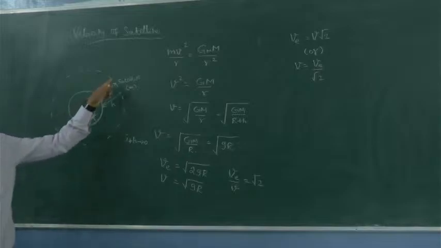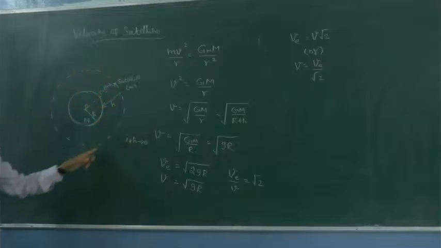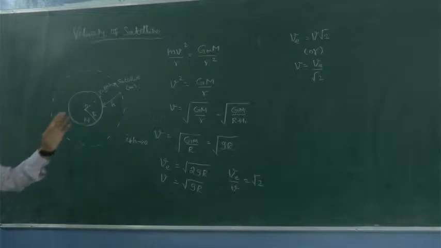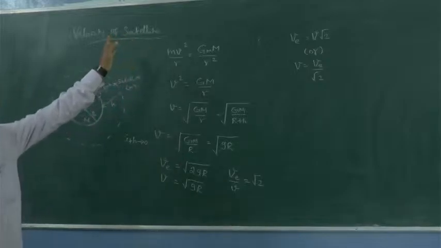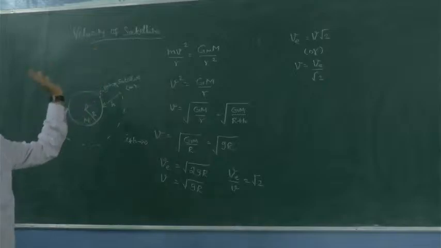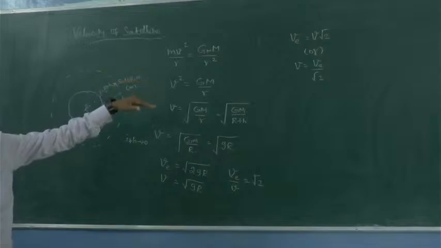Now small r is nothing but capital R plus h. This satellite revolves in a circular orbit, and any object revolving in a circular path requires centripetal force. The necessary centripetal force is mv square by r, obtained from the gravitational force which exists between the Earth and the satellite.